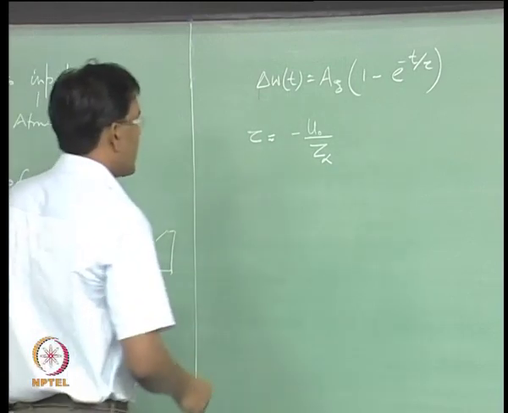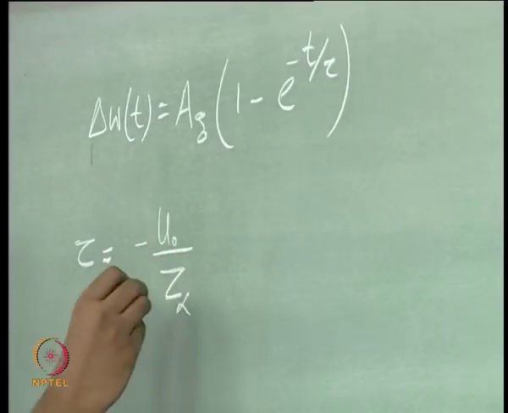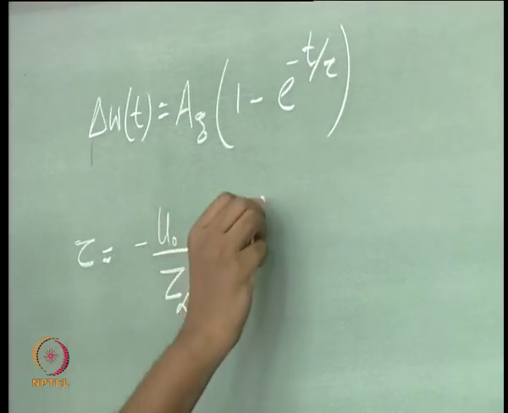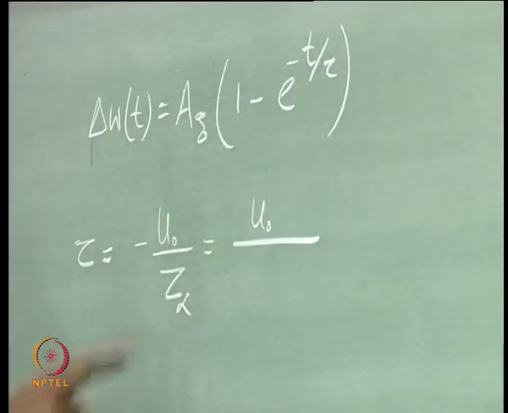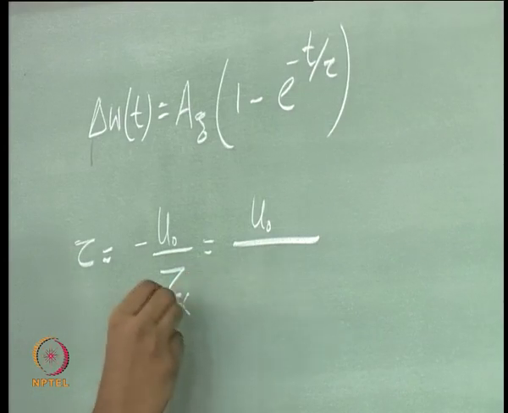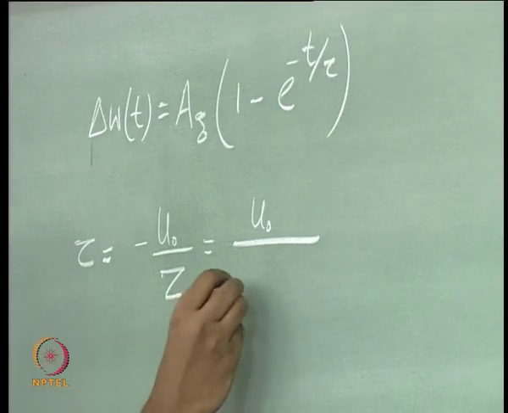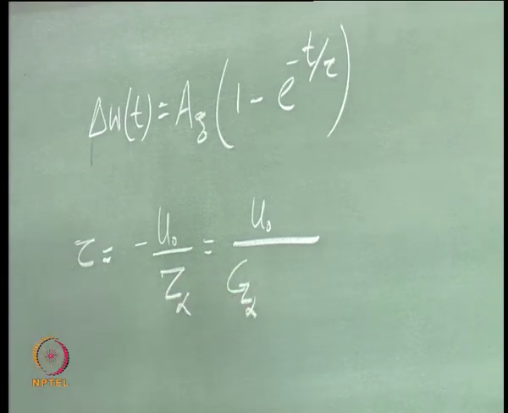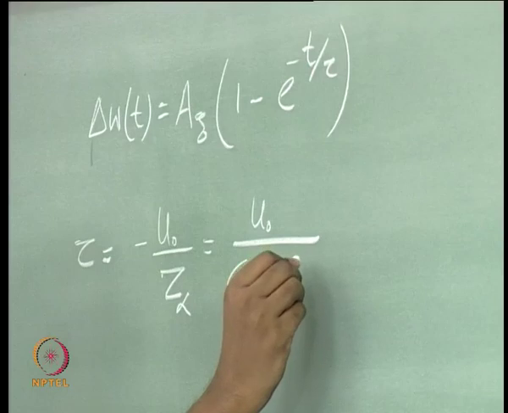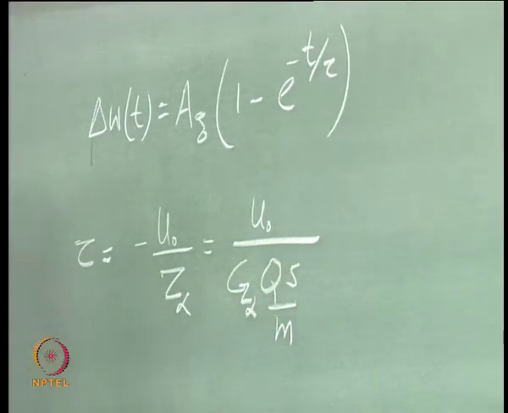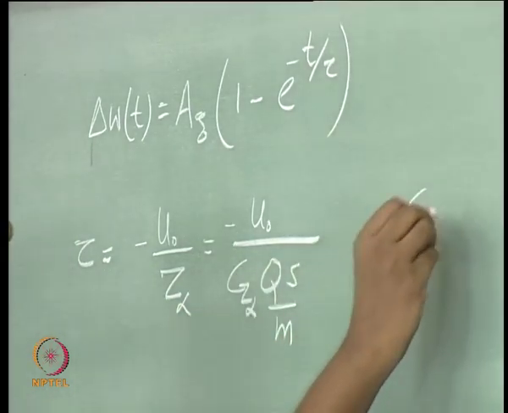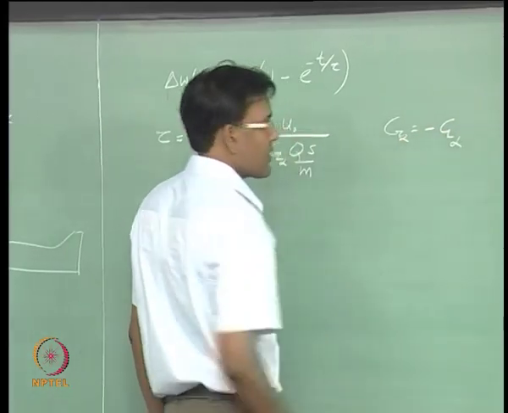Right. So, now let us try to write this down in terms of other aircraft parameters. Tau is m u naught over Cz alpha q S, and this Cz alpha is nothing but minus of Cl alpha.